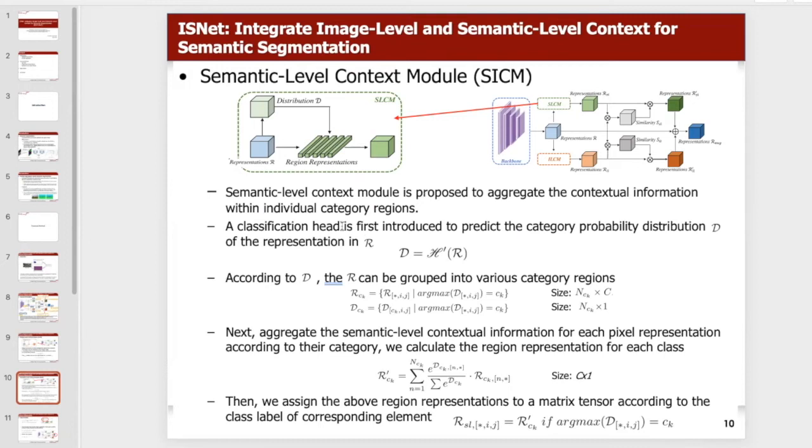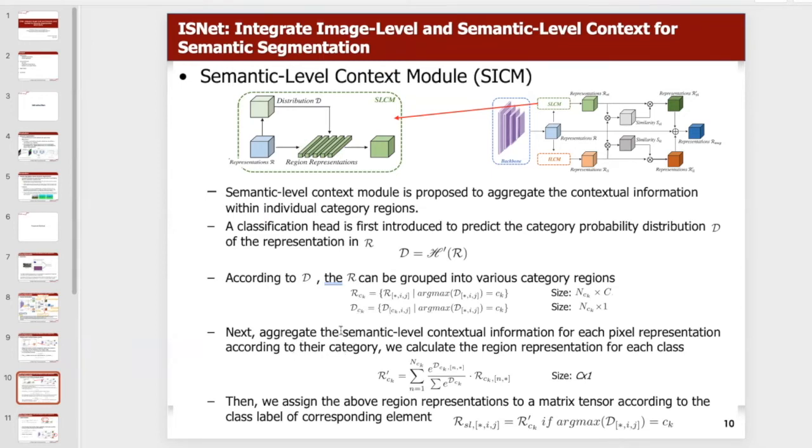First, the author introduced a classification head to predict the category probability distribution D of the representation R. According to the distribution D, the representation R can be grouped into various category regions. Similarly, we can do the same operation for the distribution, and we will get RCK and DCK.